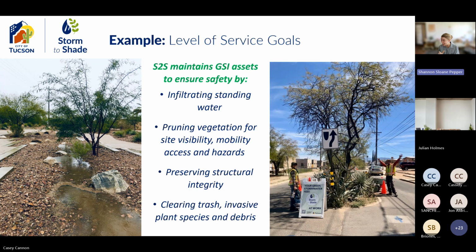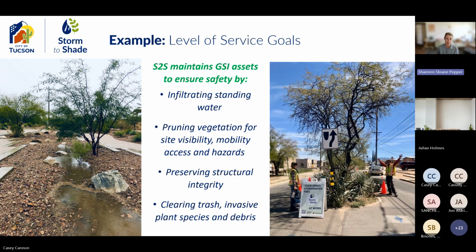If I was going to critique these goals, I might say that they're really excellent goals, but they might want to have a little more specificity. You want to make sure that your goals are measurable. I think a general standard for green infrastructure is to infiltrate standing water within 24 hours of a rainfall event.